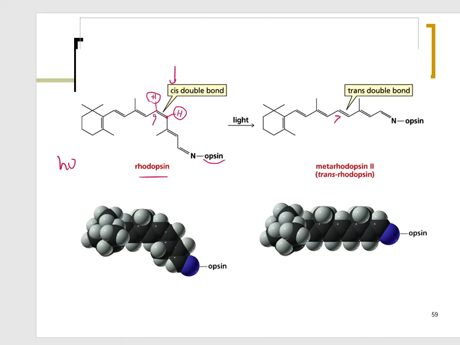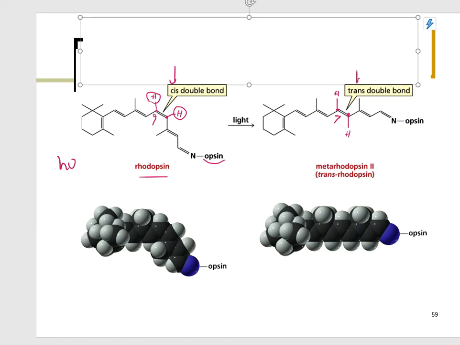So this is a trans bond because I've got a carbon here and I've got a carbon there. And this is pointed down, so this will go slightly up, and that's understood to be a hydrogen. This is pointed up, so this one goes slightly down, and that's understood to be a hydrogen. And these are on opposite sides of the molecule.